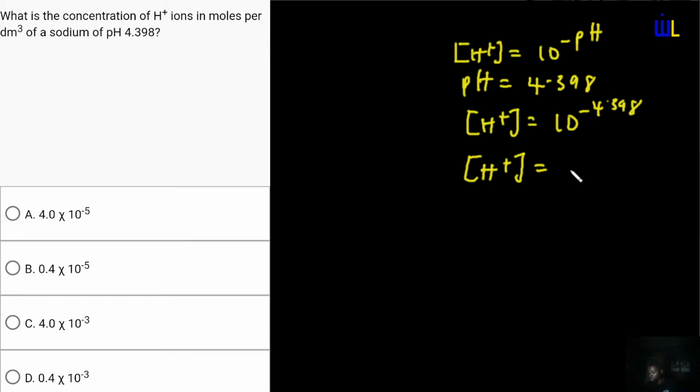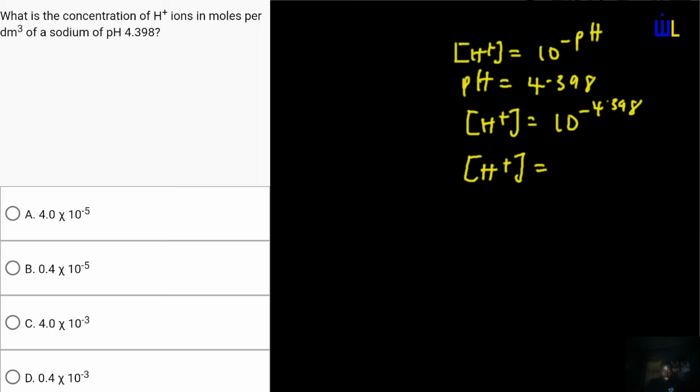We are going to get approximately 4 times 10 raised to power minus 5 as our answer. So our answer is option A.